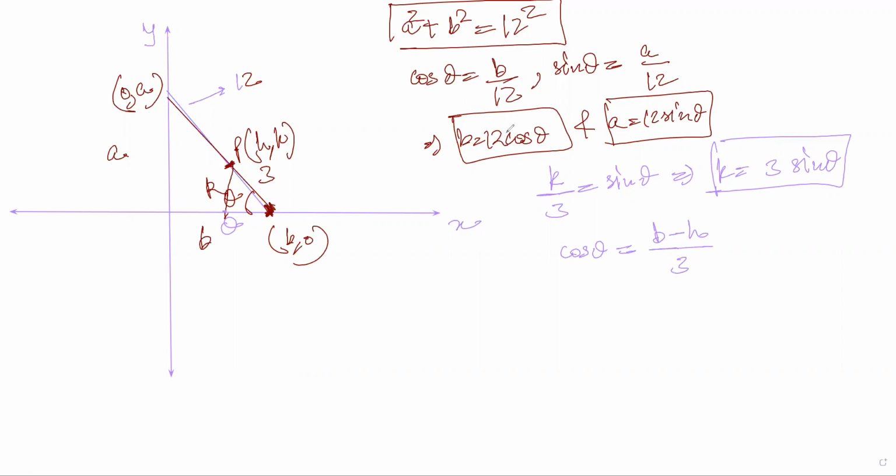And b is 12 cos theta minus h, hence divided by 3. Hence you can solve it as 3 cos theta. H can be taken as 9 cos theta. Now you know sin square theta plus cos square theta is 1.